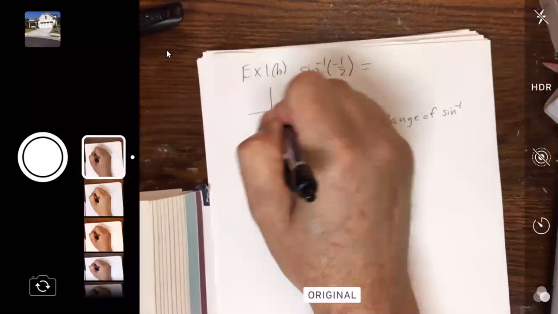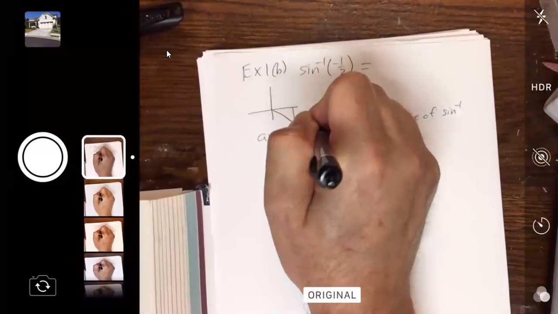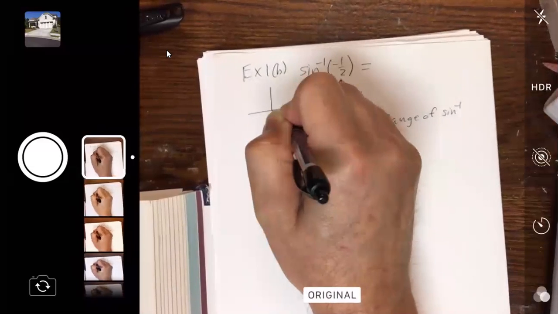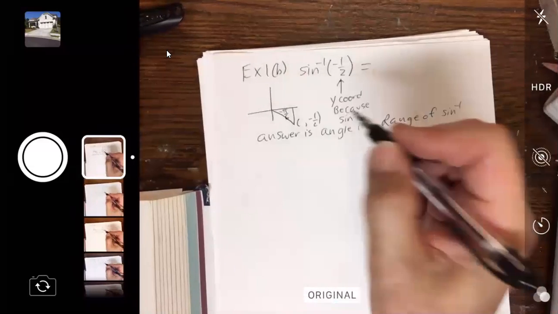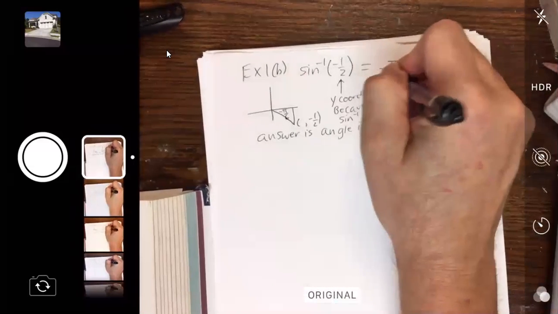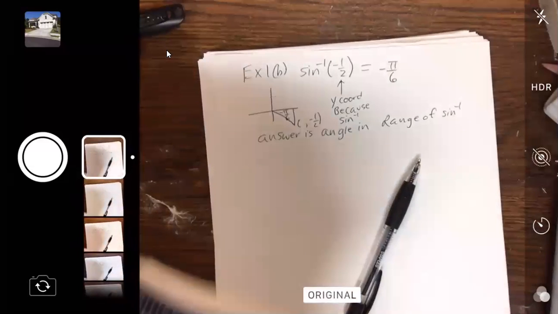You want to look at it on the circle. Negative a half down here, you'd be at negative pi over 6, negative 30 degrees. And that is exactly what they get.